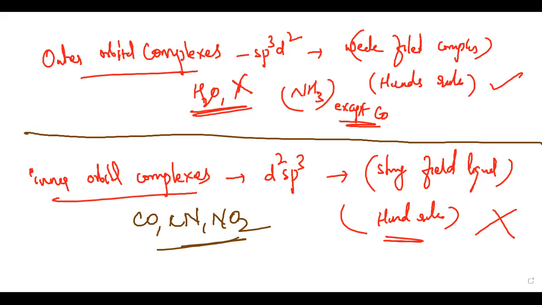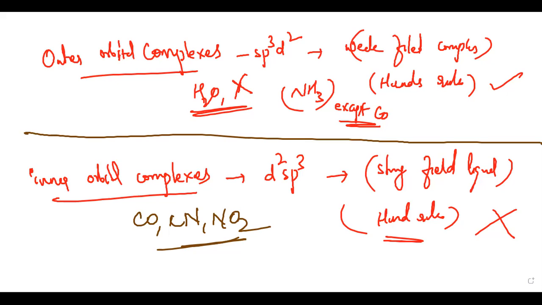So up to this, we have completed the octahedral geometry also. So this is particularly about the VBT, that is, the hybridization geometry of the complexes. Generally, according to VBT, Pauling explained the geometry of complexes by using hybridization.